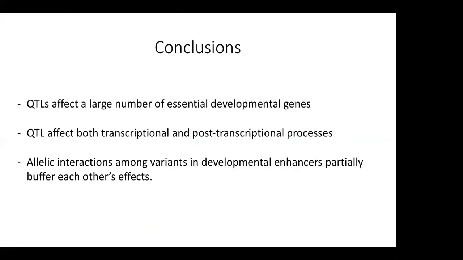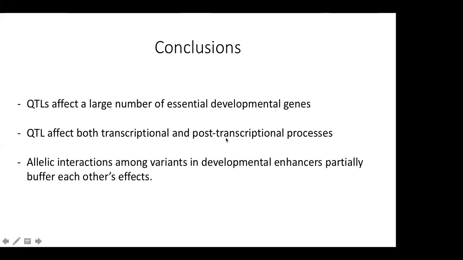And so in conclusion, what we describe is that there are QTLs that affect a large number of essential developmental genes. In particular, we observe that 17% of the genes that are expressed in embryonic development are affected by QTLs.